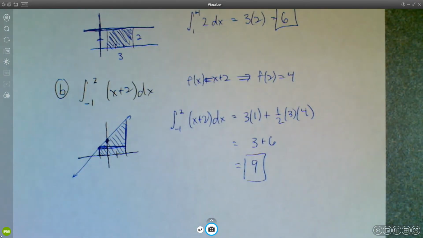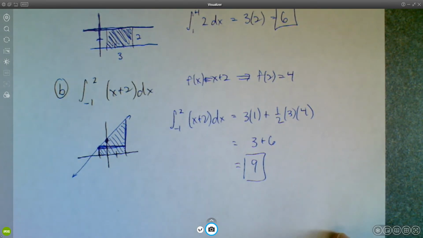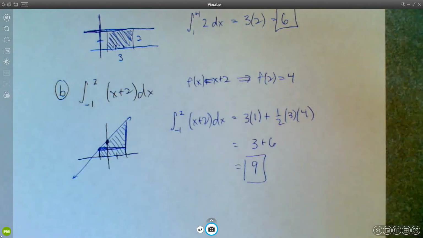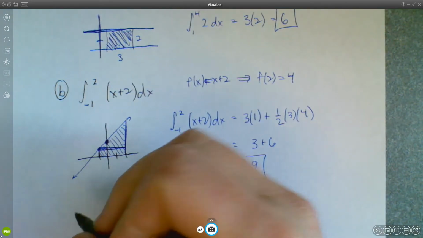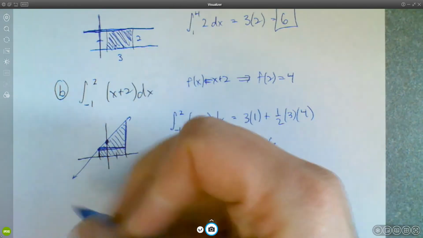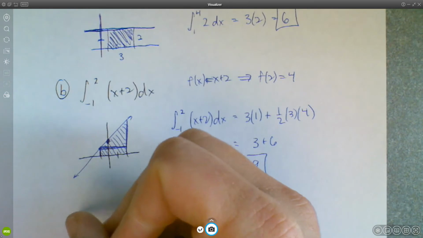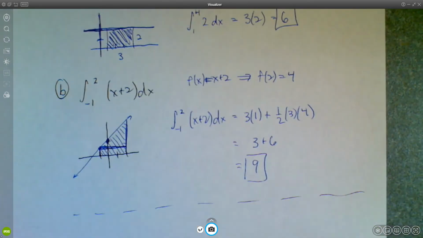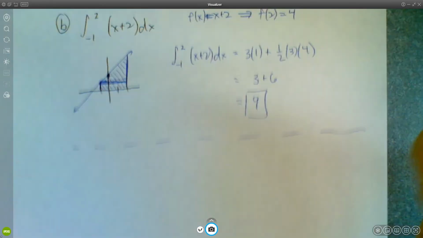I'll pause here to say another way that you could find the definite integral is to use the definition that we just wrote down a second ago, right? So you weren't asked to do this in the instructions, okay? This is just for fun, right?